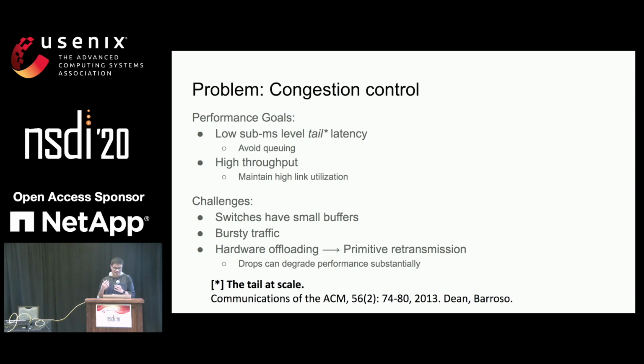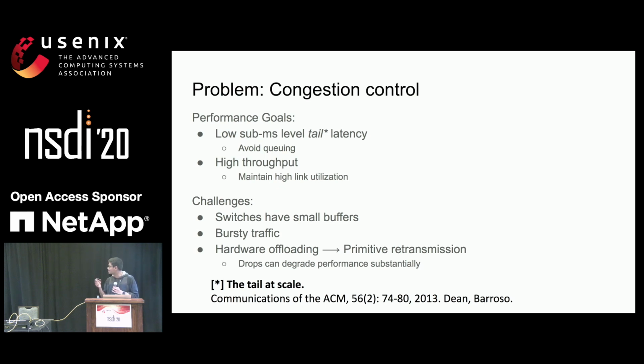Data center switches have limited buffering, and the traffic demand is bursty and uneven. The combined effect is that a switch can easily run out of buffering and incur packet drops, degrading performance. Moreover, in a bid to reduce latency and save compute cycles, some data center operators have offloaded retransmission of packets to the hardware.